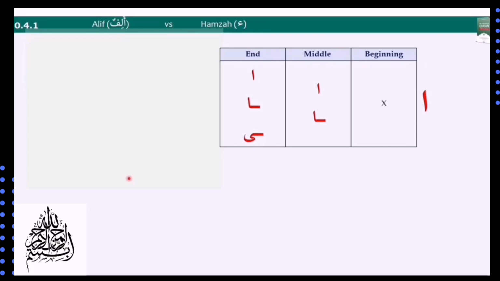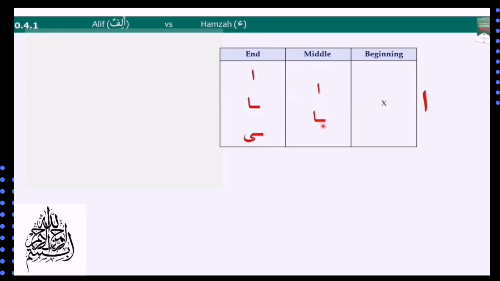Please note the following point about Alif, and this will play a very important role in your studies. First of all, note that Alif cannot be the first letter of a word. If you ever see a word in Arabic that looks like it has an Alif as the first letter, please note it is not Alif. It can come in the middle, depending on what letter is attached to it.